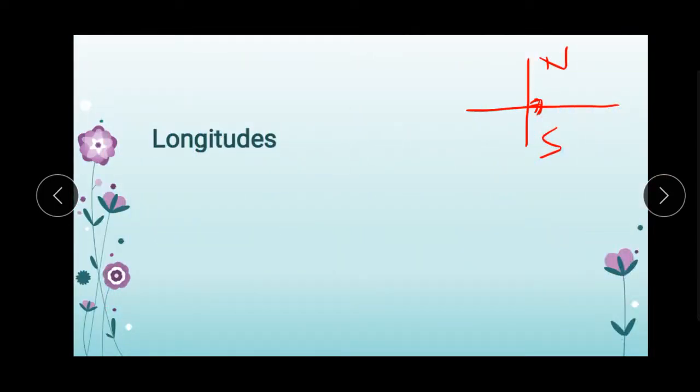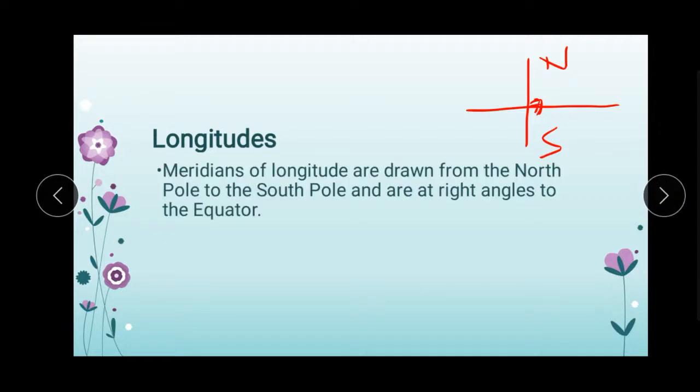First, what is longitude? Do you have any idea? Meridians of longitude are drawn from North Pole to South Pole and are at right angles to the equator. So these longitudes are the lines drawn from North Pole to South Pole. Where is North Pole?